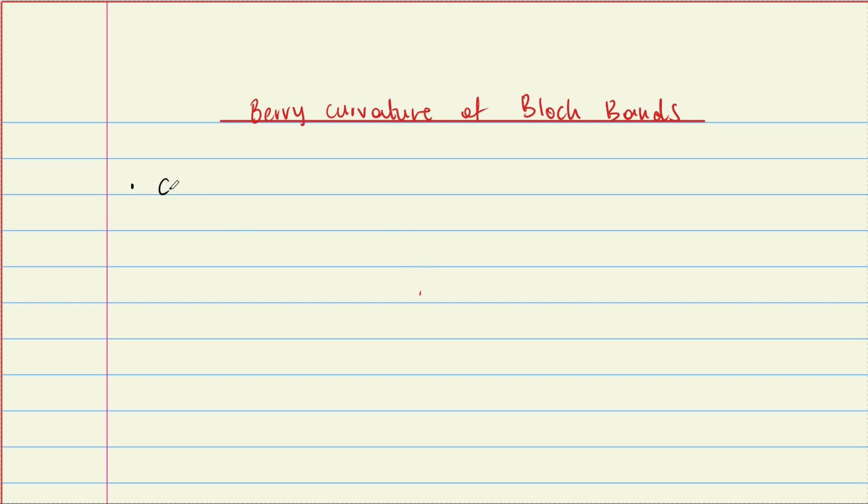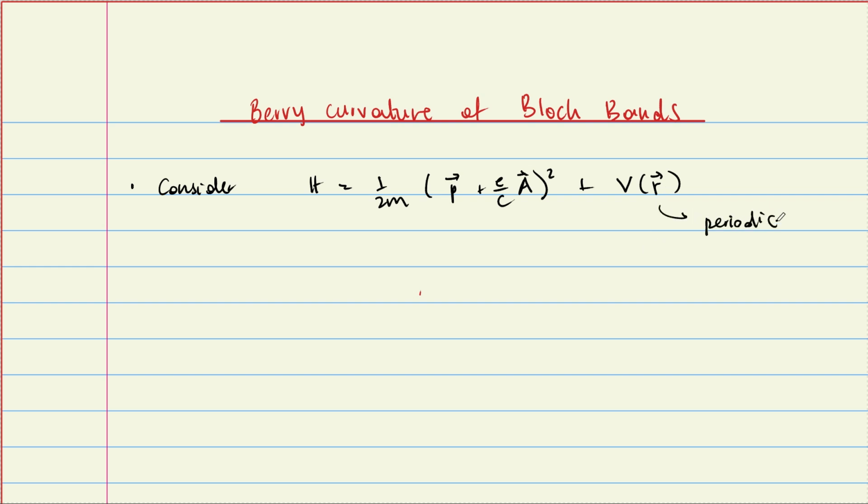We consider H equals 1 over 2m (P plus e over c A) squared plus V of R, and V of R is periodic. And in this setting we introduce magnetic translations.